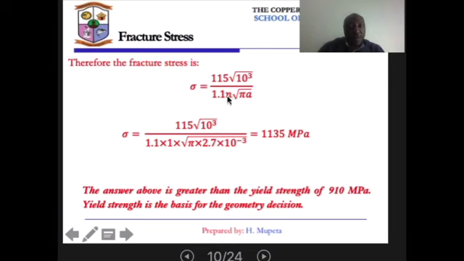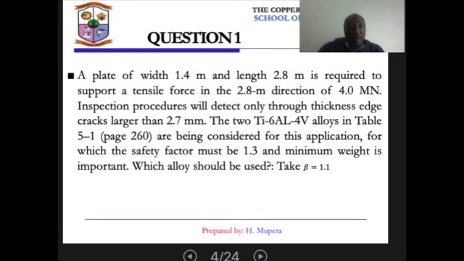This n, we said we use unity as the factor of safety when we are dealing with the thickness to prevent crack propagation, so we replace it by 1, and the value of a is 2.7, which we can get from the question, where the procedure says the inspection will detect through thickness edge cracks larger than 2.7.